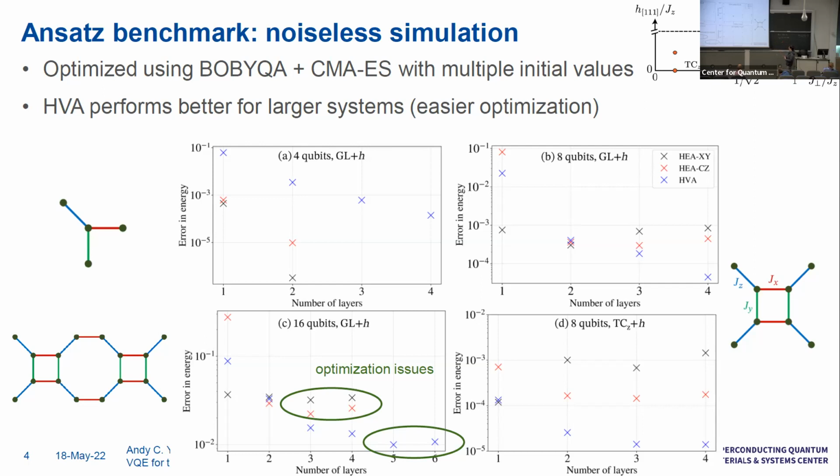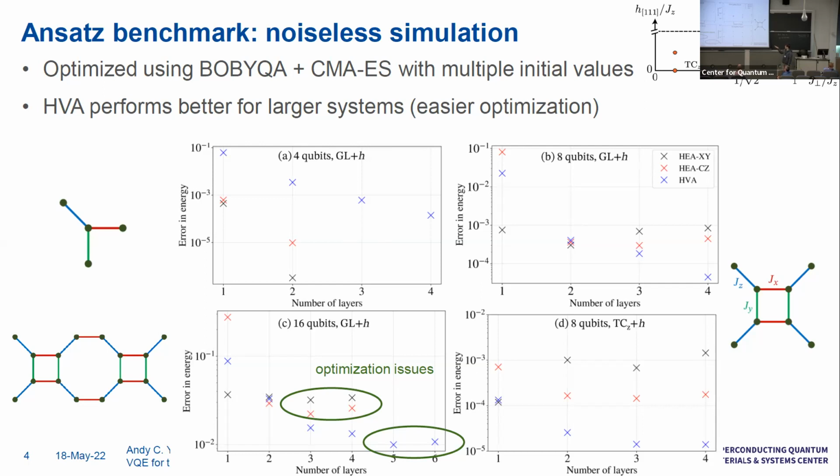What they tell us is, except for the very simple case where we only apply one layer, in which case the flexibility of the hardware efficient ansatz gives us an advantage, otherwise it is almost always that the HEA will perform better. The reason here is actually pretty simple, because we have fewer parameters in the HEA, and therefore it's actually easier to optimize it. So I would claim that the advantage really comes from the fact that it's easier to optimize.